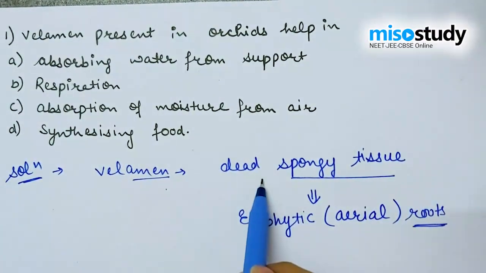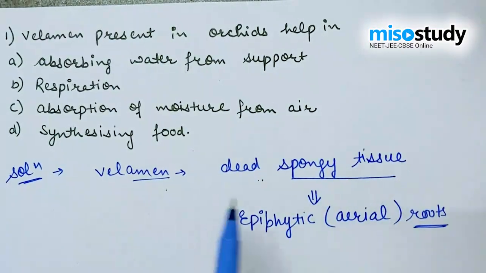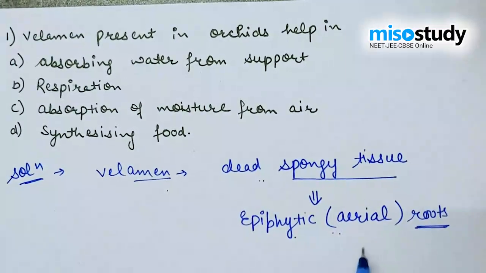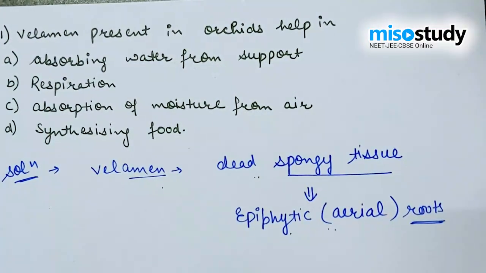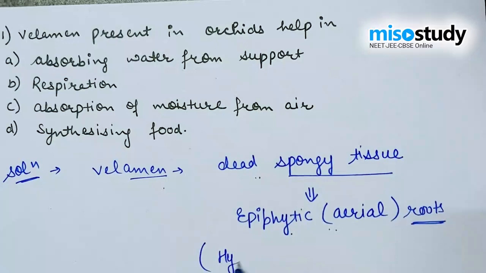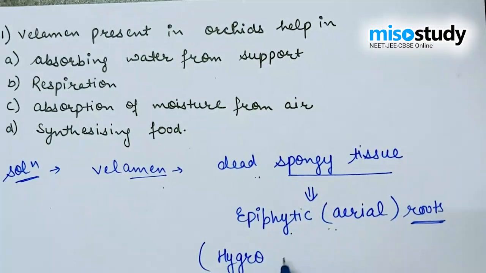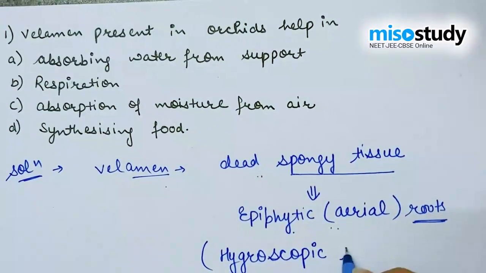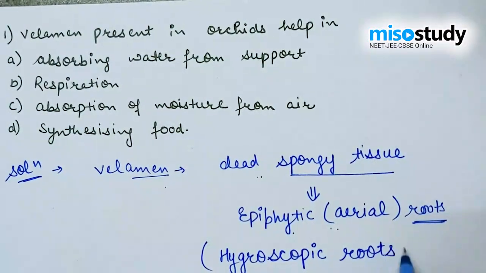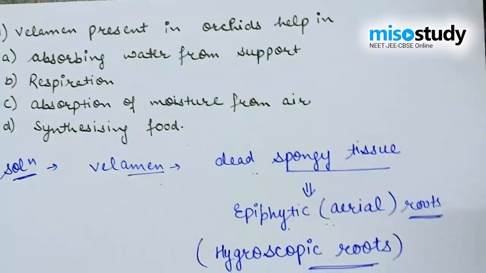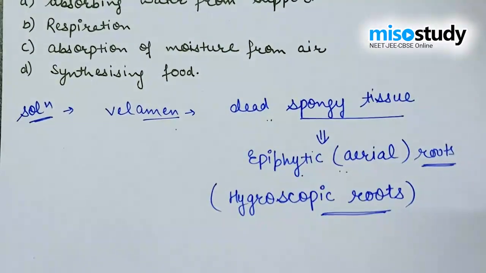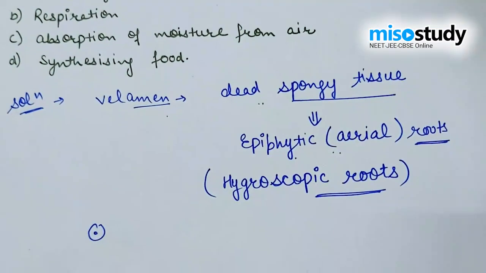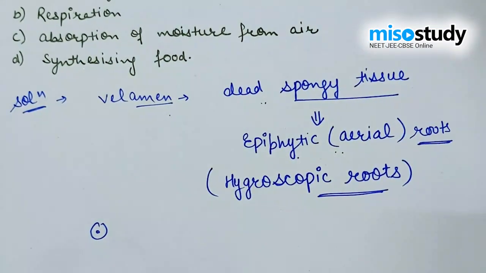Velamen is a special type of dead spongy tissue present in the epiphytic roots, also known as hygroscopic roots. Now, what are the advantages and help provided by the velamen?